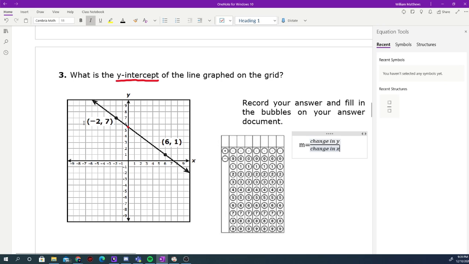So they give us 2 points already, so we can use those to help us out.